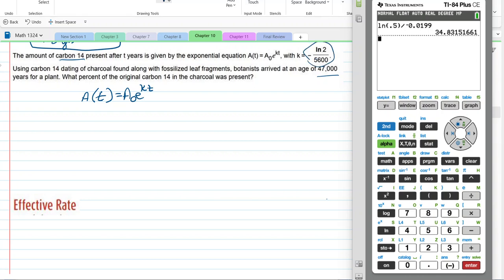And we were given that t was 47,000, right? Yeah. And so all we need is what it was to begin with. Right. So let's see what we can do. t was the age, 47,000.